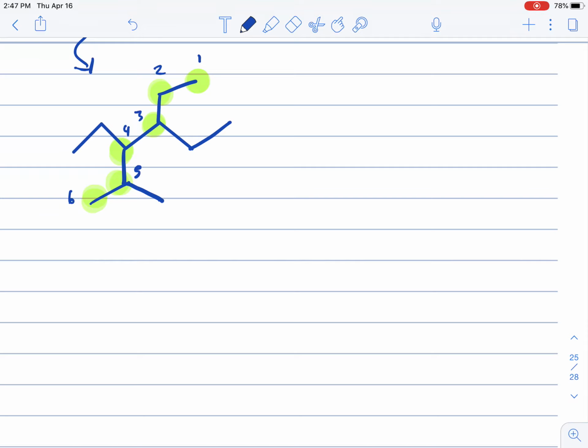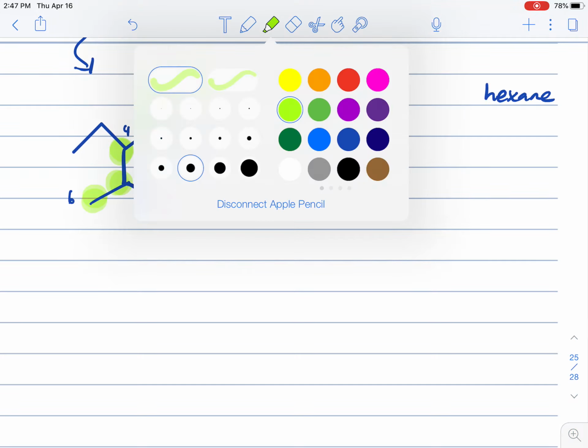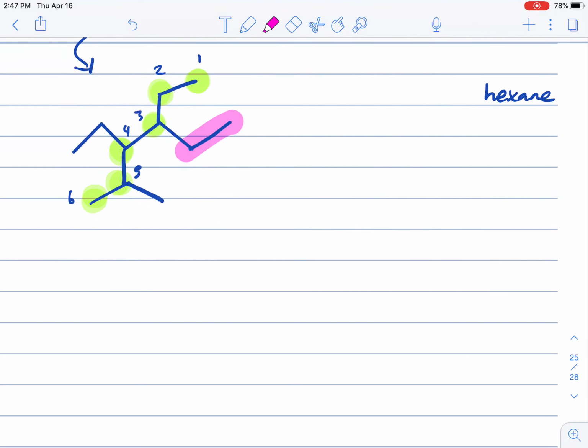So there's still 6 carbons, so I know that this is hexane. If you look at the substituents, notice that there's no more isopropyl. And so I have an ethyl and I have a methyl group.